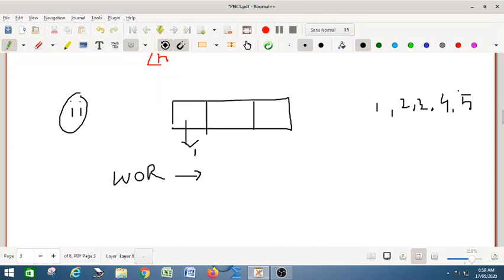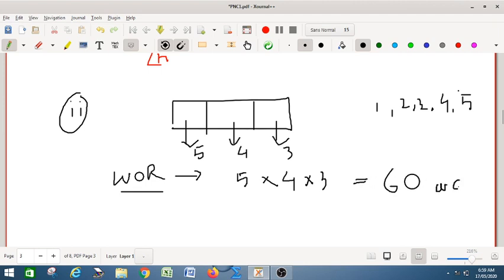For the first position you have 5 choices. For the second position you have 4 choices because you are not repeating digits. For the third position you have 3 choices. So you have 5 into 4 into 3, which is 60 ways for the without-repetition case.